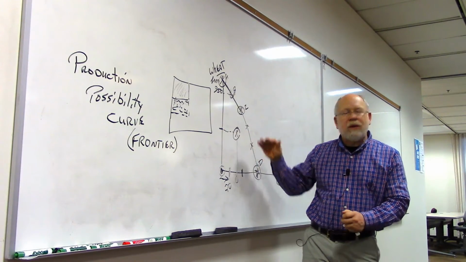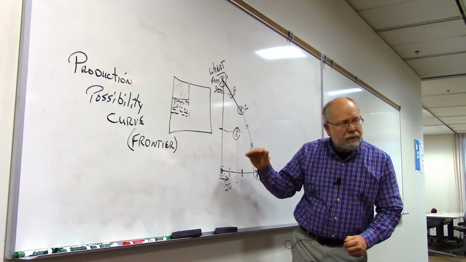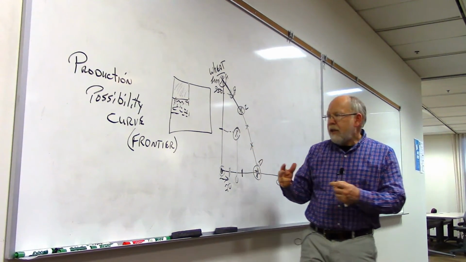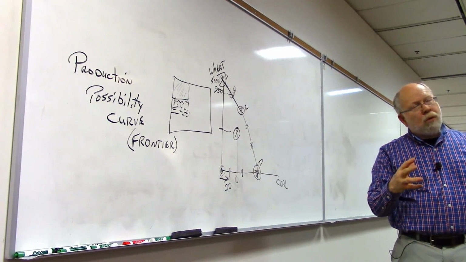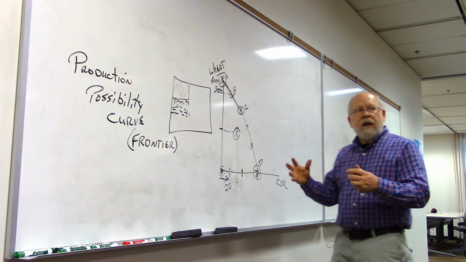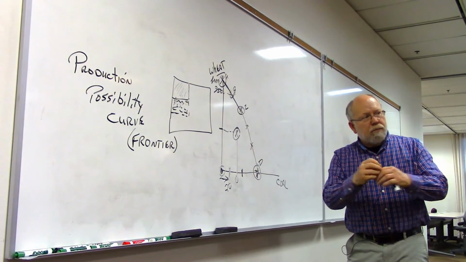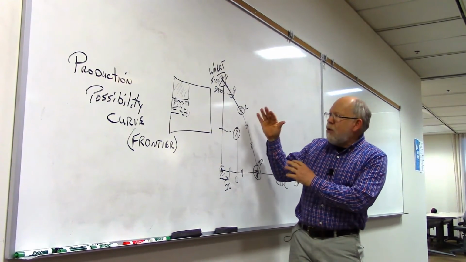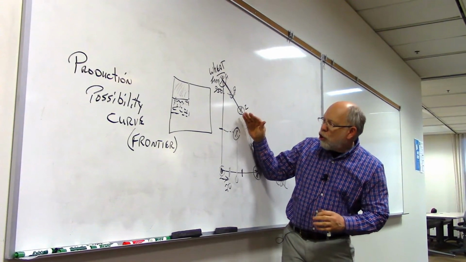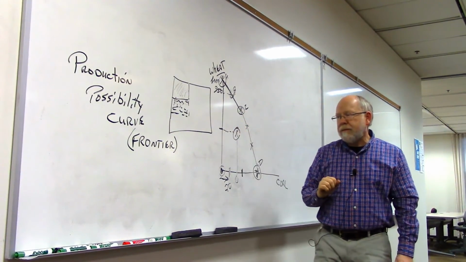Our production possibility curve can collapse. If we lost technology, if we had a solar storm, sunstorm, and it struck all the power lines and it blew the transformers, then the production possibility curve of the output of what we produce could collapse.